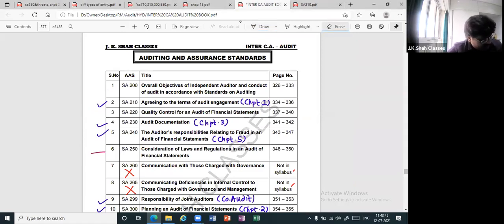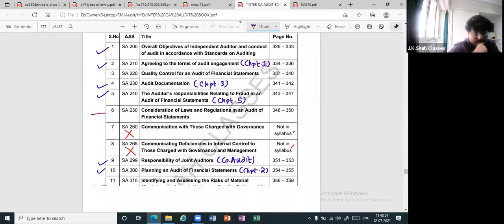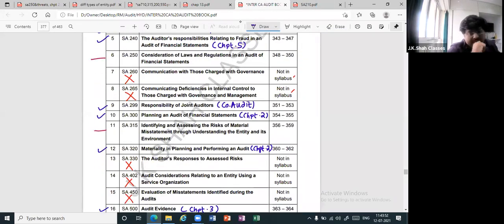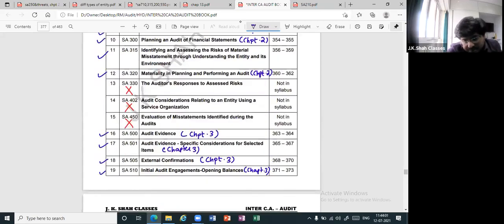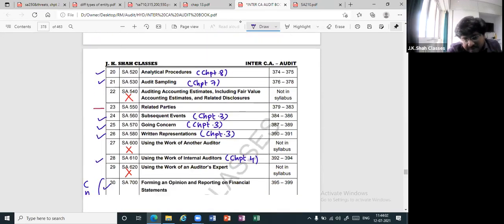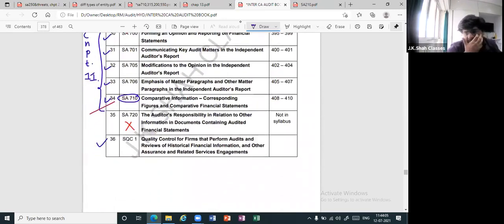SA 315 also we did last time. So what is remaining is 250, 550, and 710. Three standards are remaining.